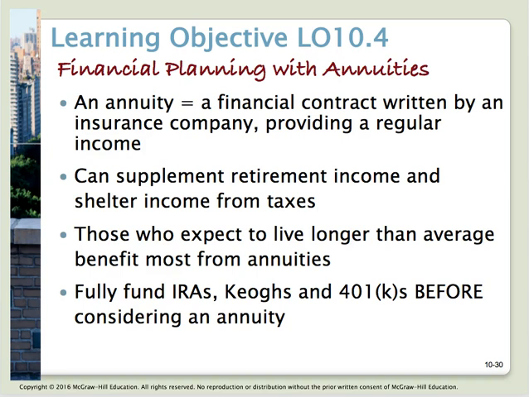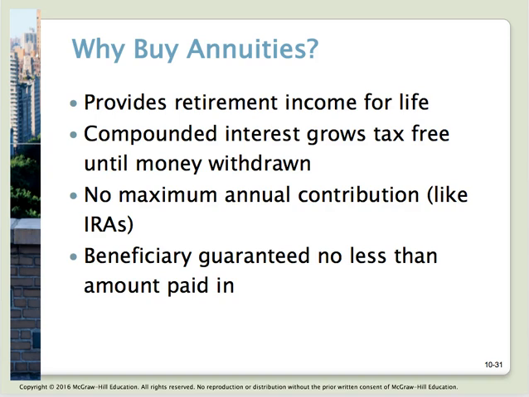It can supplement your retirement income and also give you a shelter from taxes. But you need to fully fund your IRAs, your 401(k)s, and your Keoghs before considering an annuity. The prime reason for buying an annuity is to give you retirement income for the rest of your life.